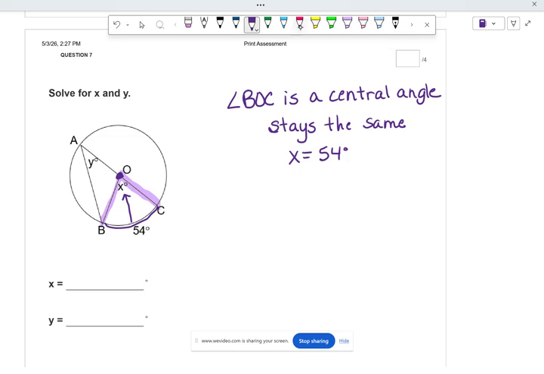All right, now let's look at the other angle, angle Y. Y has side AB, and it also has side AC. And the vertex point A is on the circle. When the vertex point is on the circle, that is an inscribed angle.